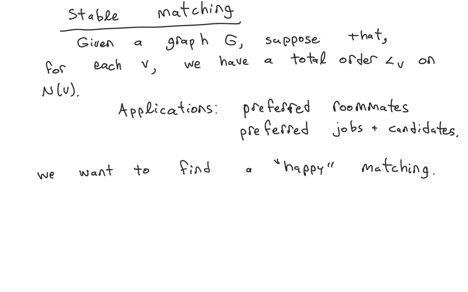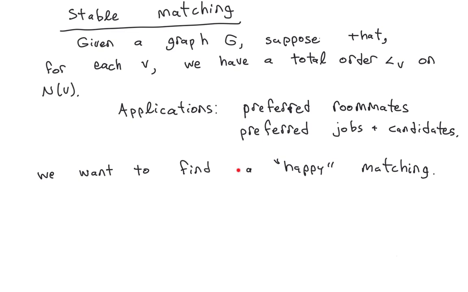In other words, you have a graph G where for every vertex you have a total order on the neighborhood of that vertex. It's the statement of preferences for that person of which of the partners they want to be matched to the most. What we want to find is what we're going to call a happy matching.